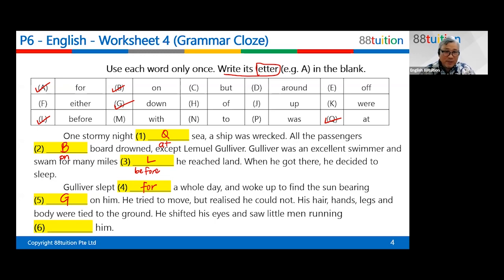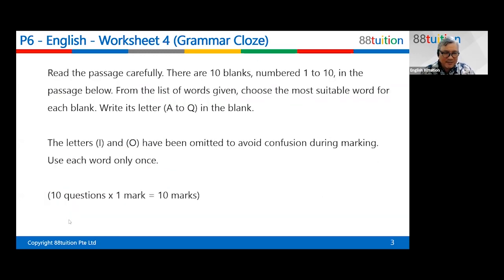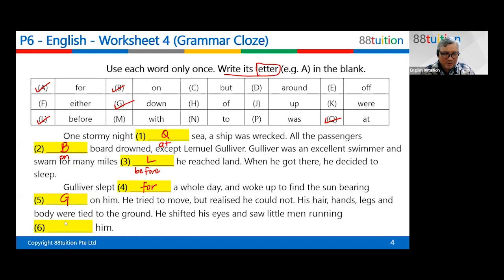And all of you agree that it is the letter D. And here it is, D. Running around him. That's the letter D. Okay, and you are correct. D, I just marked it out. So well done, everybody. You are on the roll.